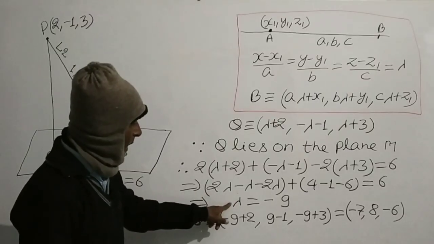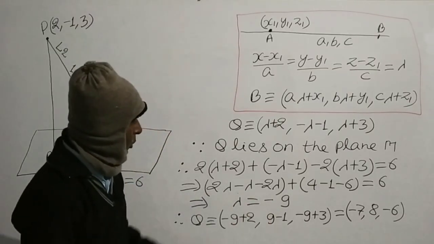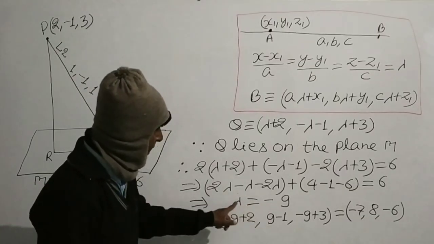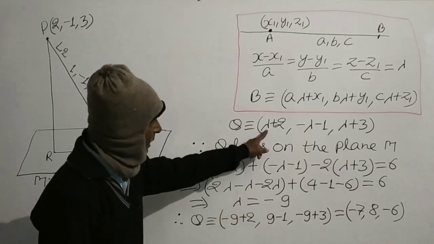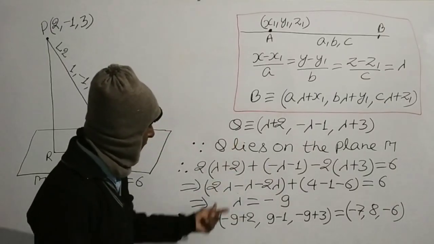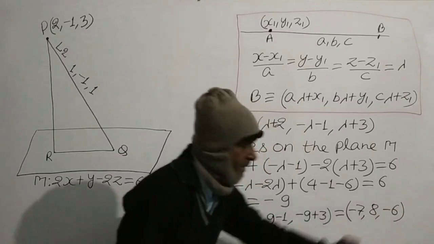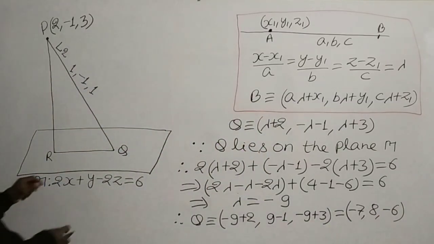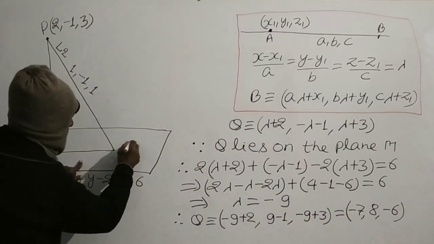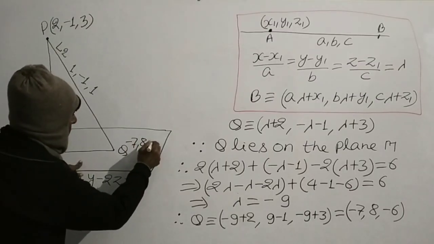Then we get value of lambda is equal to minus 9. When we put minus 9 in place of lambda here, here and here, then we get coordinate of Q: minus 7, 8, minus 6.